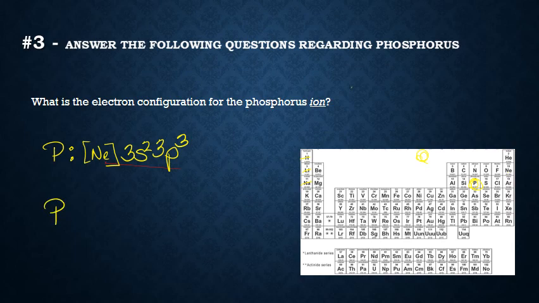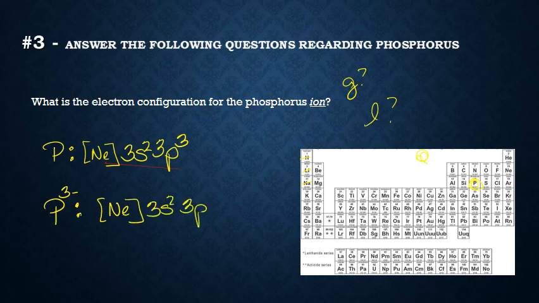Now, when phosphorus becomes an ion, what does that mean for phosphorus? Does phosphorus gain electrons or does it lose electrons? Well, phosphorus gains electrons. And how many does it gain? Well, I know the charge on phosphorus is -3, so it gains 3 electrons. I could write it as neon, and then 3s2, and then 3p.